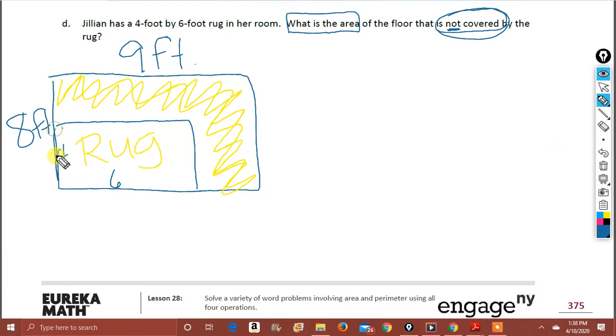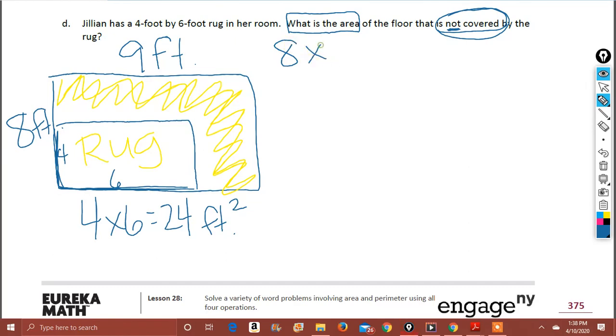So I'm going to multiply 4 by 6. 4 times 6 is 24 square feet. And if I'm remembering up from part C, the area of the whole bedroom was 8 times 9, which is 72 square feet.